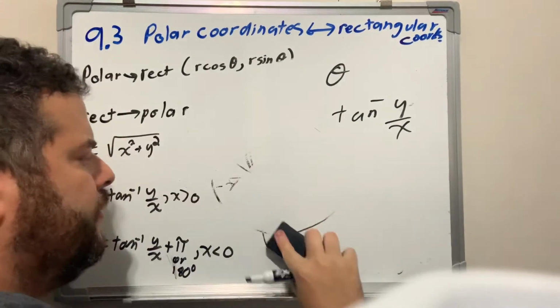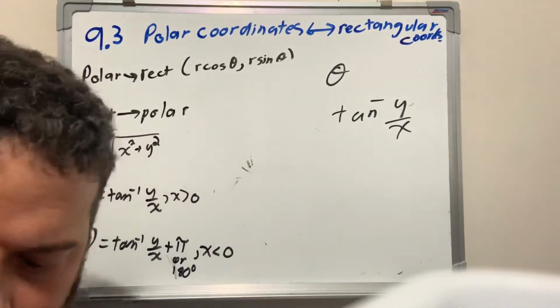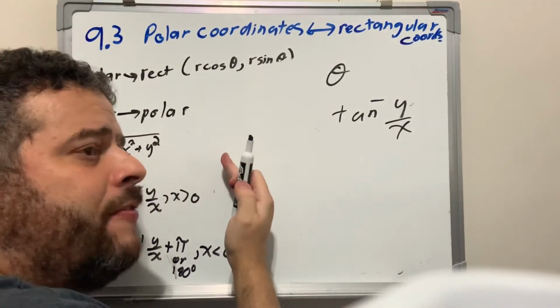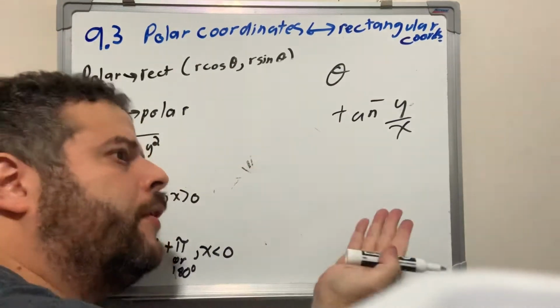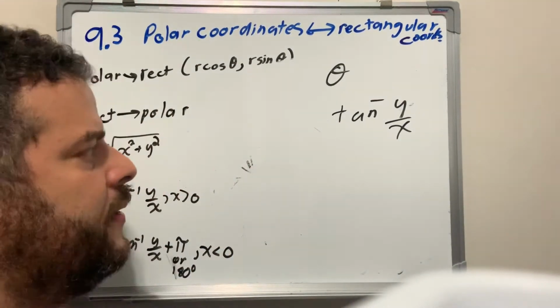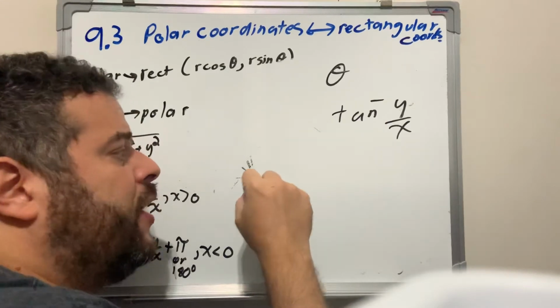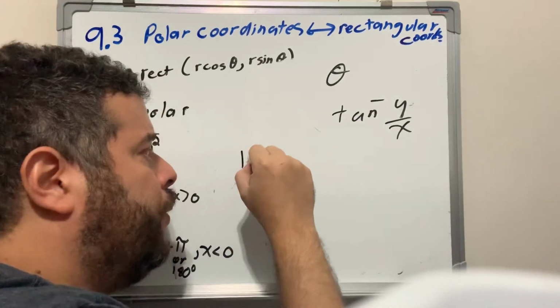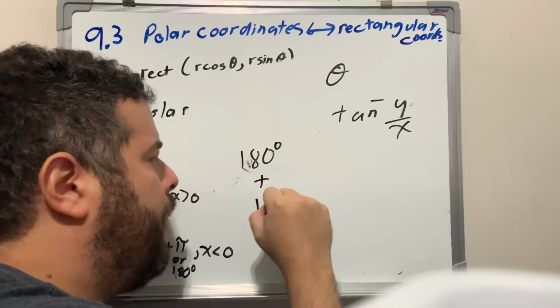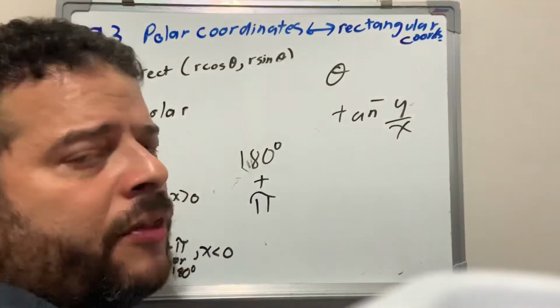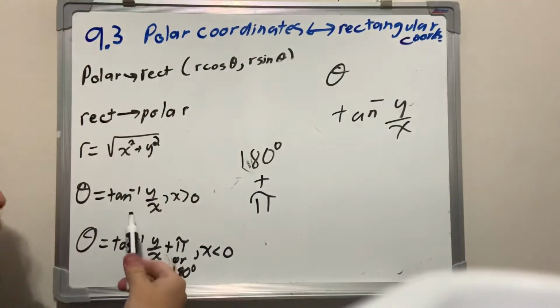If your x is negative, or on the second or third quadrant, or on the left-hand side of the y-axis, you're going to add 180 degrees, or you're going to add pi to it so it lands on the right-hand side. So here's the formula.